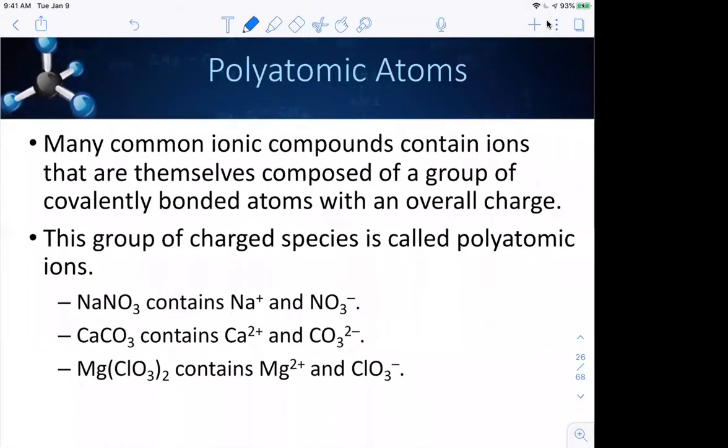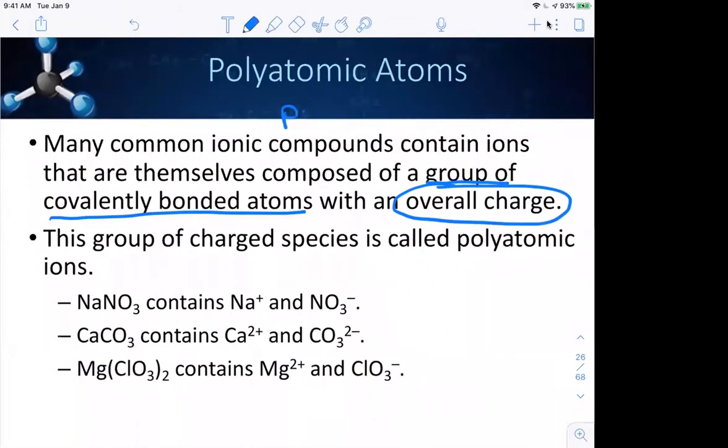There's also a species of ions called polyatomic ions. Many common ionic compounds contain ions that are themselves composed of a group of covalently bonded atoms that has an overall charge.